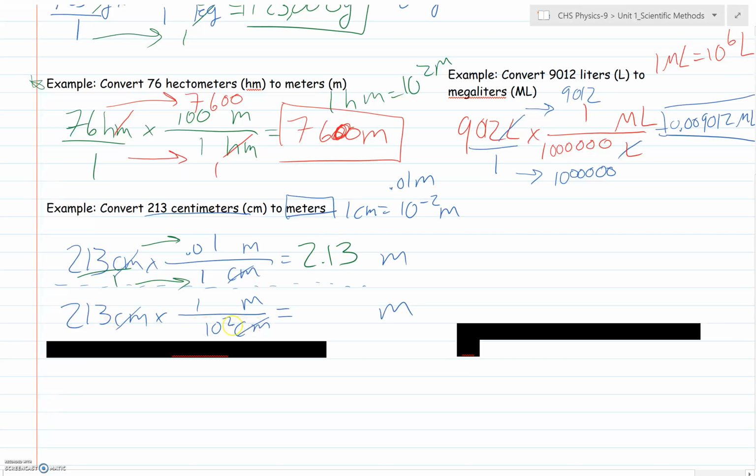And over here on the bottom, doing the other option, you can put this over 1, still means the same thing. Multiply straight across, I end up with 213 on the top, and 10 squared is simply 100. So if I take 213 divided by 100, I end up with 2.13 meters. Either way gets you the correct answer. That's up to you to decide which one makes more sense to you.